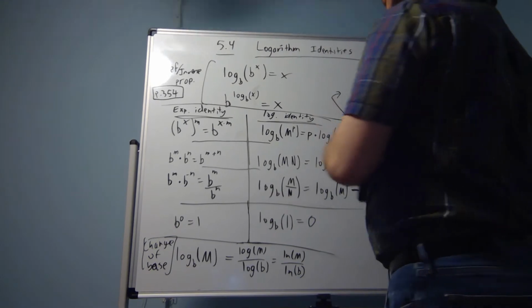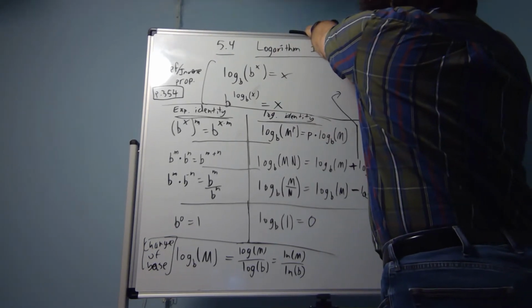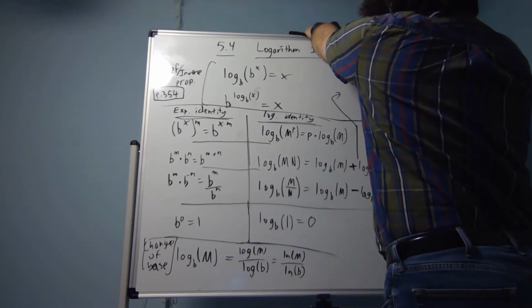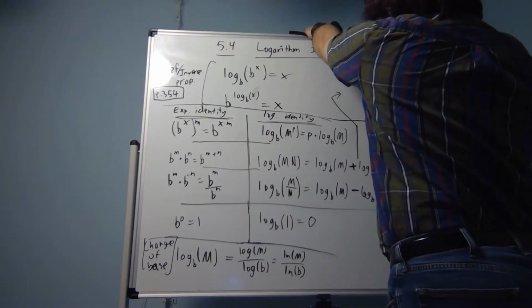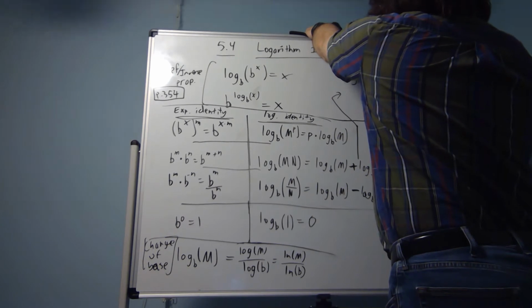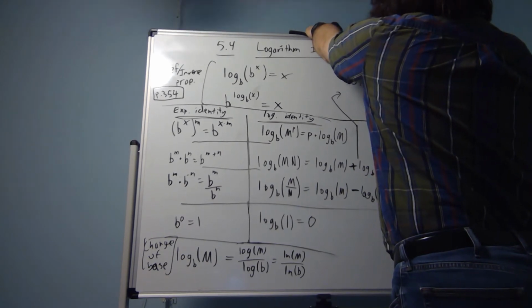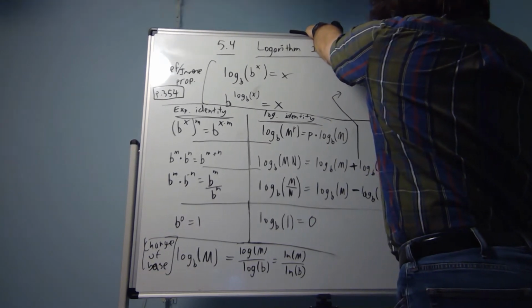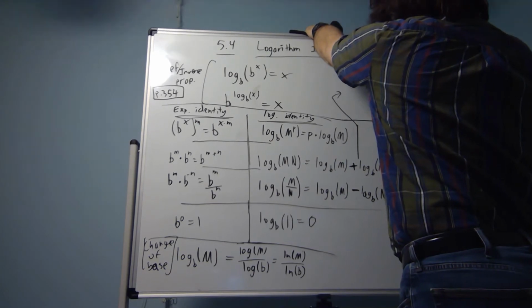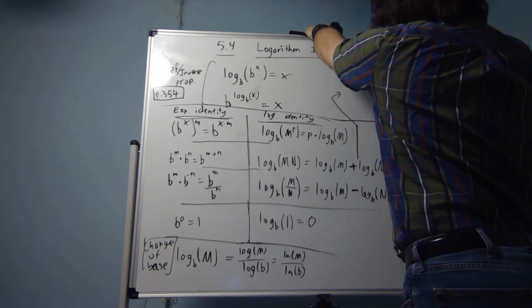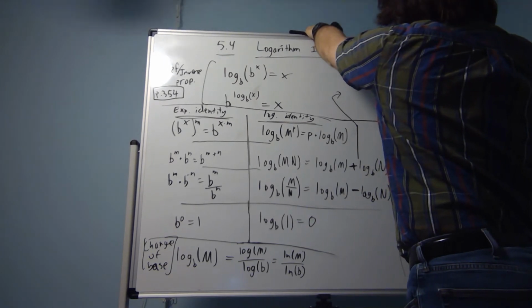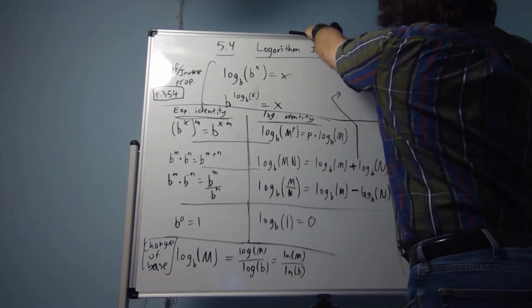So still kind of just the basics, getting used to the idea. Log base 5 of 25 over 125. Well, that's log base 5 of 5 squared divided by 5 cubed.